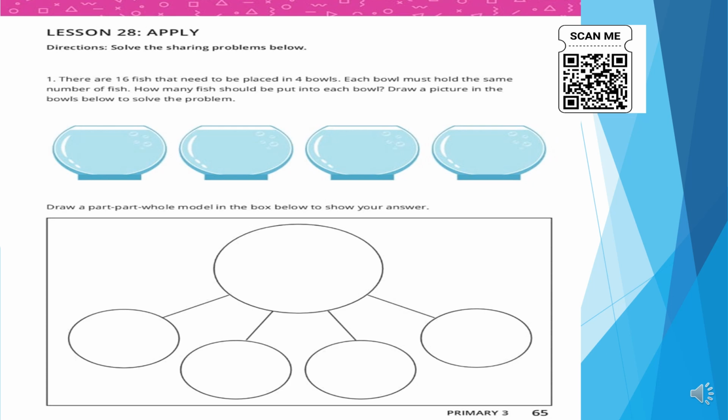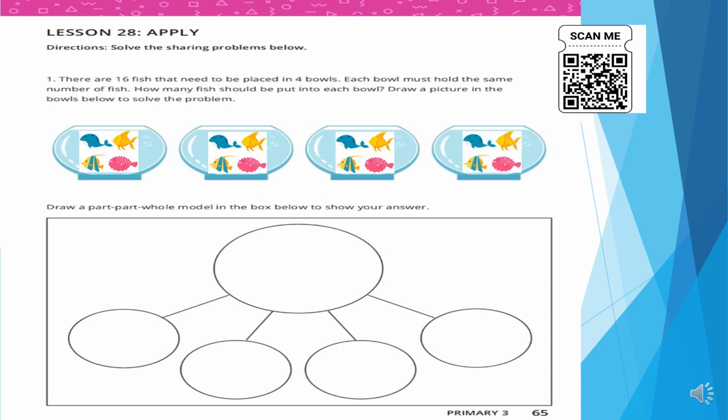We have 16, so we want to distribute them equally. 1, 2, 3, 4, 5, 6, 7, 8, 9, 10, 11, 12, 13, 14, 15, 16. So if we want to distribute them equally, we will put 4 fish in each bowl.